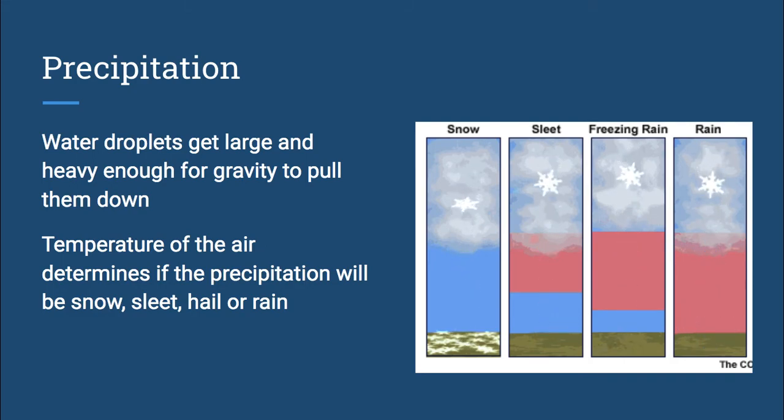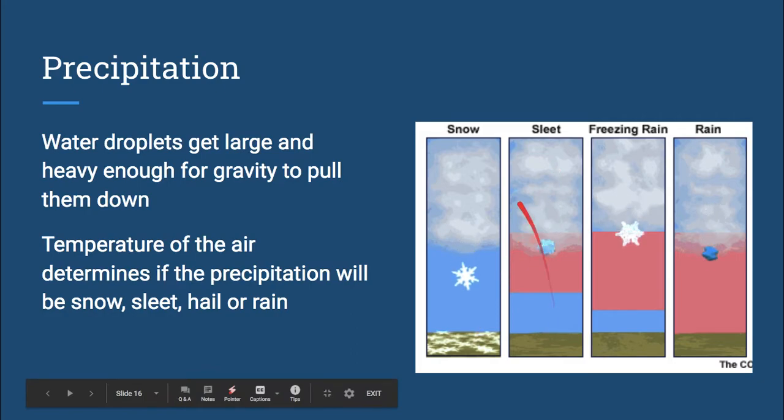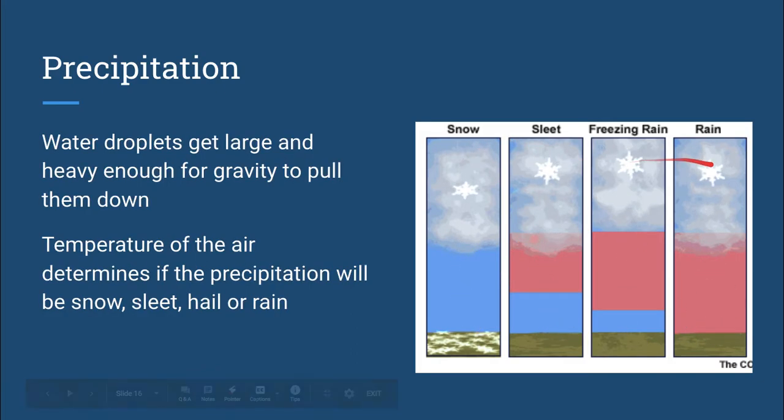Eventually, they get big enough that gravity will pull them to the ground. So any form of water falling from the sky, snow, sleet, freezing rain, rain, any form of water falling from the sky is called precipitation. The important thing to know here is that temperature determines what type of precipitation you get.